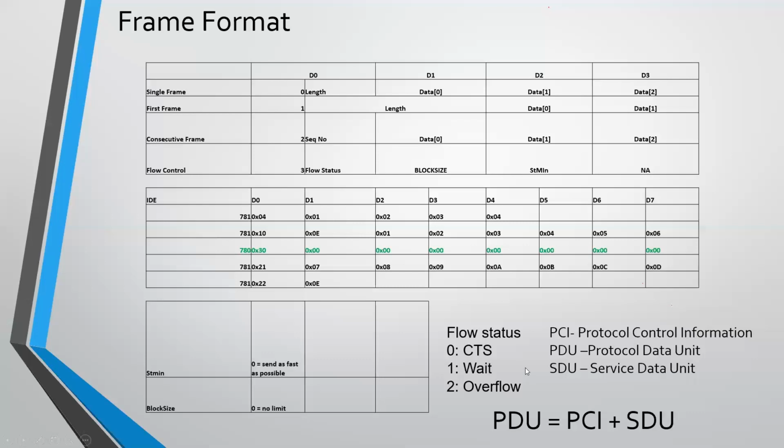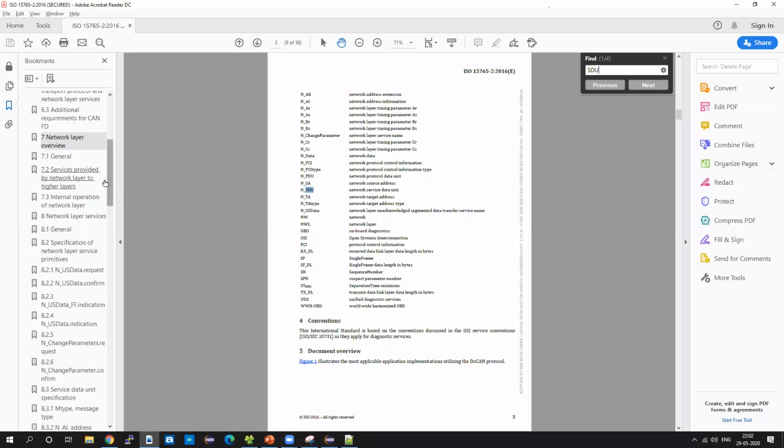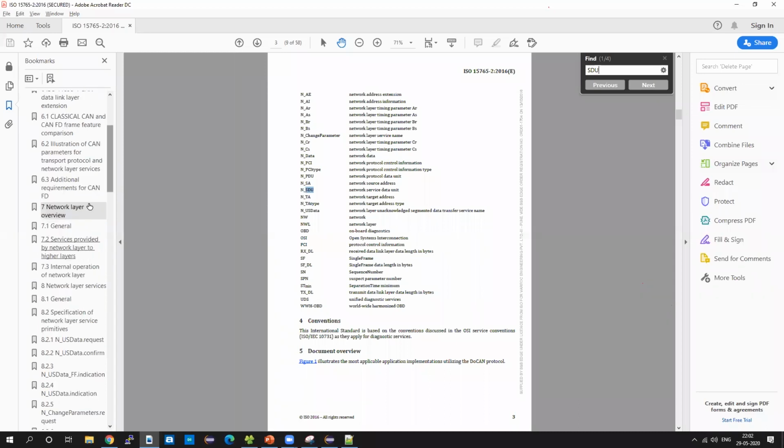All this is mentioned in ISO 15765. CAN TP is on the network layer, so you can start reading from section 7.1 onwards. This will be regarding the CAN TP.